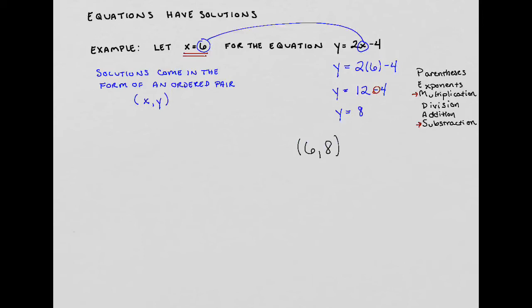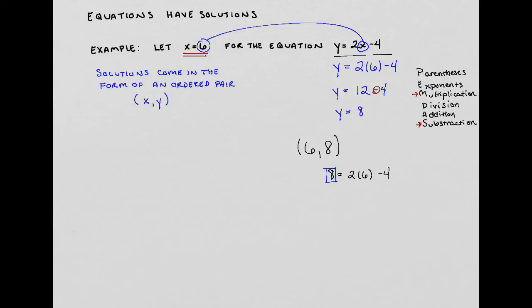If I were to check this, in other words, start from the very beginning and substitute my ordered pair here, I would have 8 is equal to 2 times 6 minus 4. What I want you to be aware of is when you are checking, leave this side alone. It's just an 8. We're not going to move anything or remove anything from either of those sides.